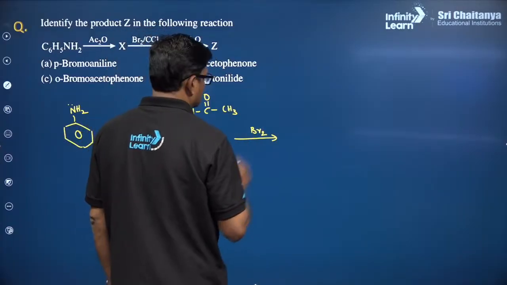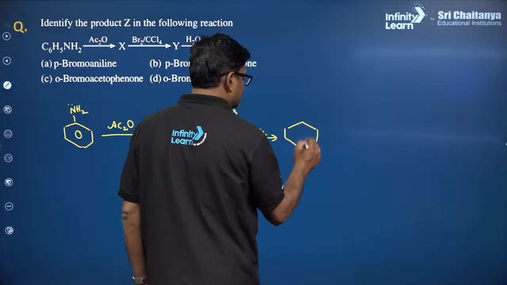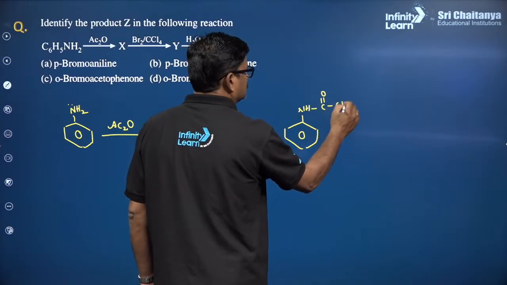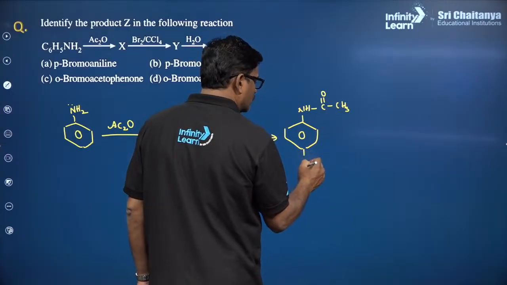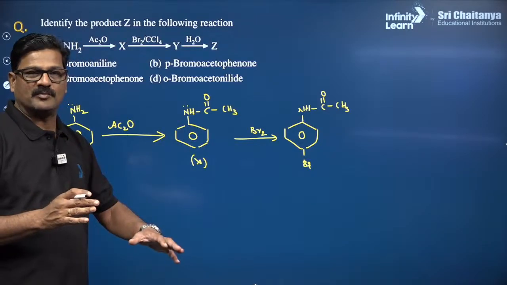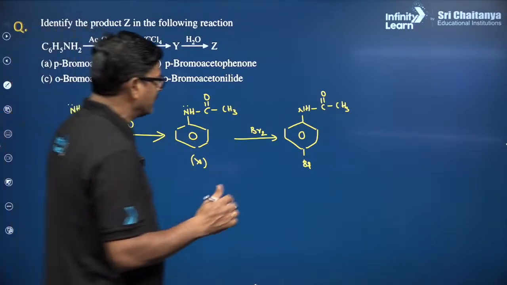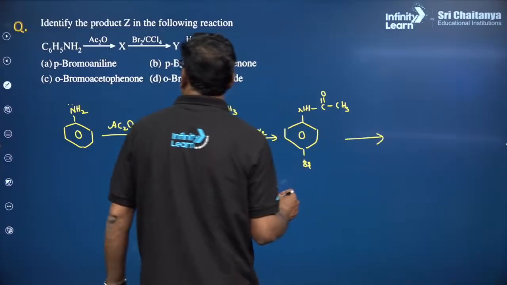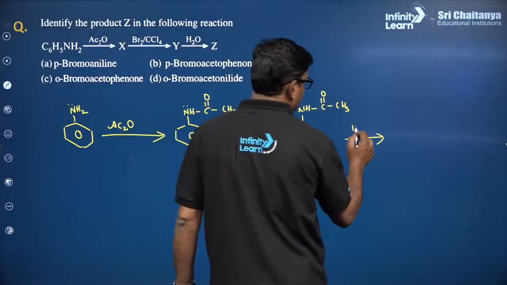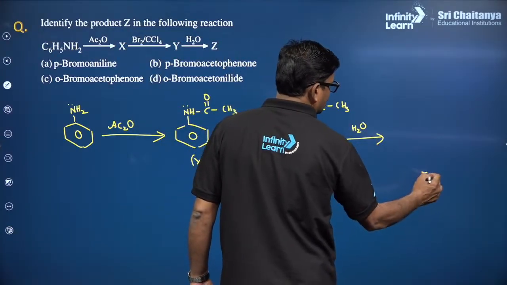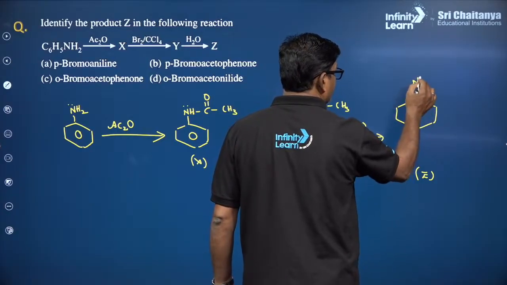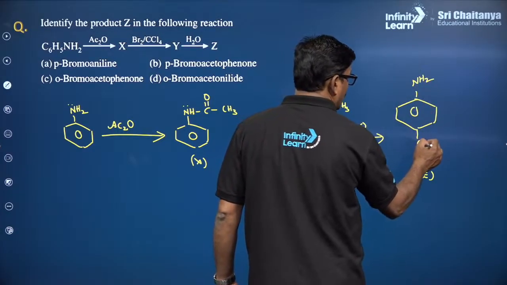You are going to see para-bromo and ortho-bromo products formed, and para-bromo is going to be the major product, Monica. Further, this is your X, Y. Y on hydrolysis gives rise to Z. So what is Z here? Para-bromoaniline is formed.